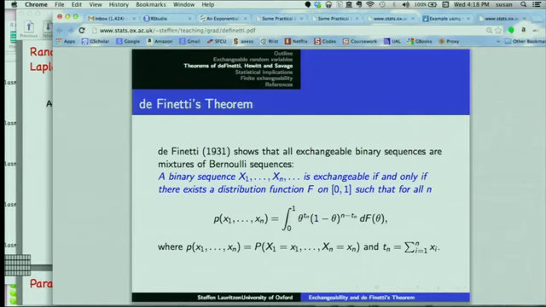Then he says that there's always a mixing measure which exists such that your probability is equal to, it's like a sum here, but it's an infinite sum, an integral over the mixing measure on the thetas. So in some sense it justifies this beta binomial, because that's what this is. It's going to give you, and you can get at many mixtures, and this extends to many different cases.